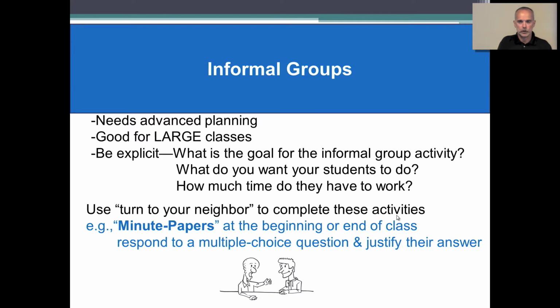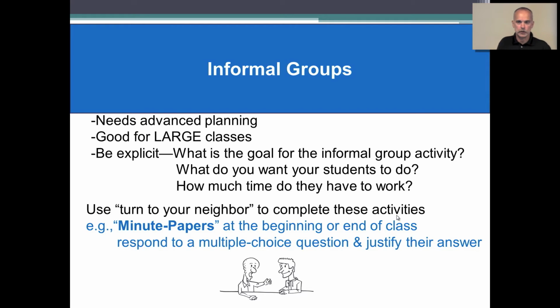One of the ways in which I've used it, and the technique can be modified, is you might have students respond to a multiple choice question, first individually, jotting down their thoughts to justify their selection, and then turn to their neighbor to discuss their answer with their neighbor's answer, and then collectively come up with what they think is the one best multiple choice answer and a group justification.